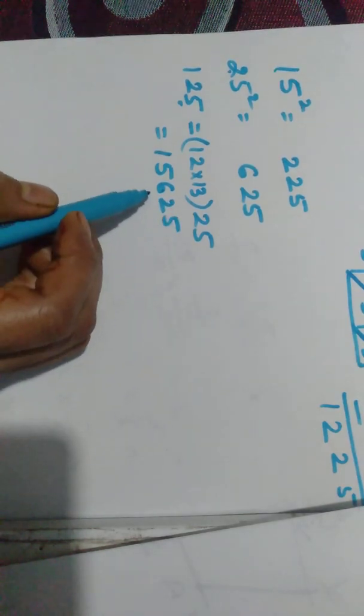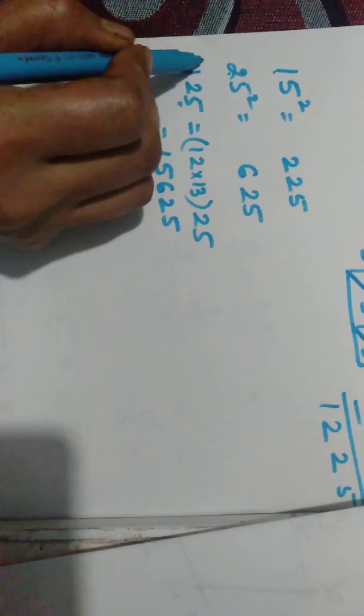So 15,625 is the square of 125. You can apply this to any number with the last digit as 5.